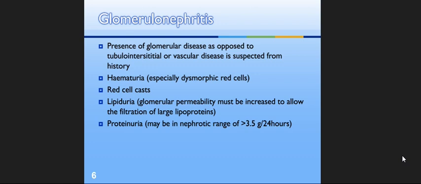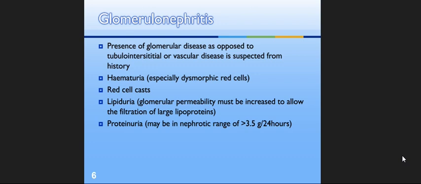When we are talking about hematuria, the most important thing: sometimes when we have a urine analysis and there is hematuria, we ask for the morphology of those red blood cells, the shape of the red blood cells. And mostly in this entity, we have what's called dysmorphic red cells.